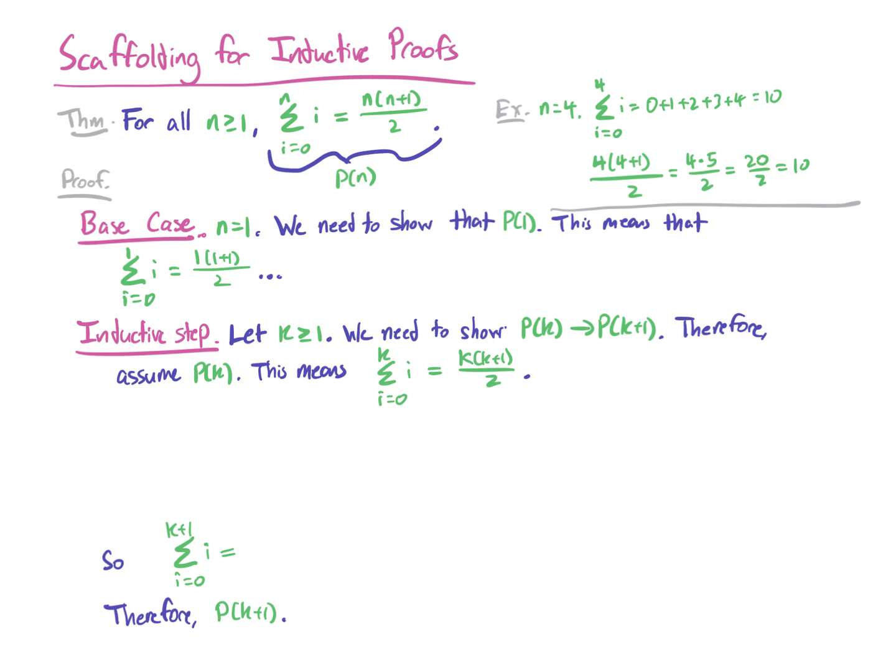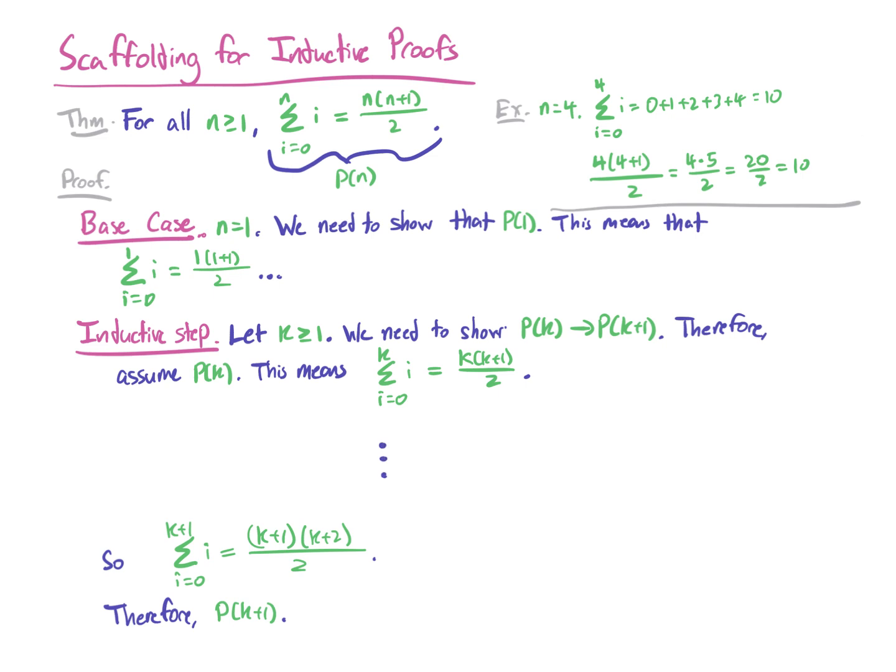I'm going to plug in k plus 1 every time I see n, and that means n plus 1 is going to become k plus 2, divided by 2. So this is what I want to show. And then there's going to be something in between that gets me there.